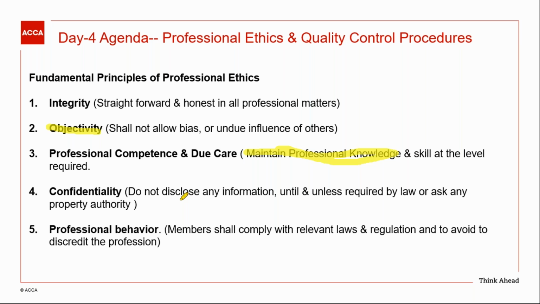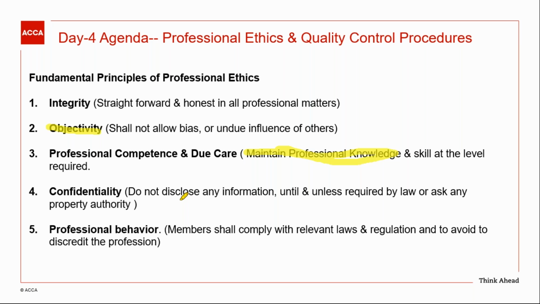There is another example I can give you. If you are the audit manager in an audit firm and you are doing the audit of Pepsi and Coca-Cola, it is your responsibility not to disclose any information of Pepsi to Coca-Cola and any information of Coca-Cola to Pepsi, because they both are competitors.